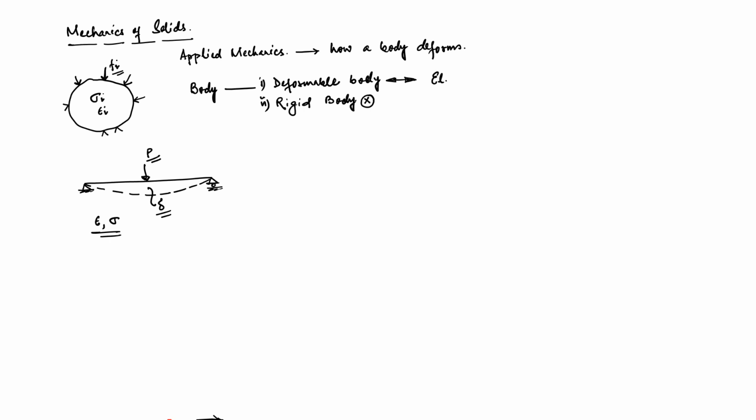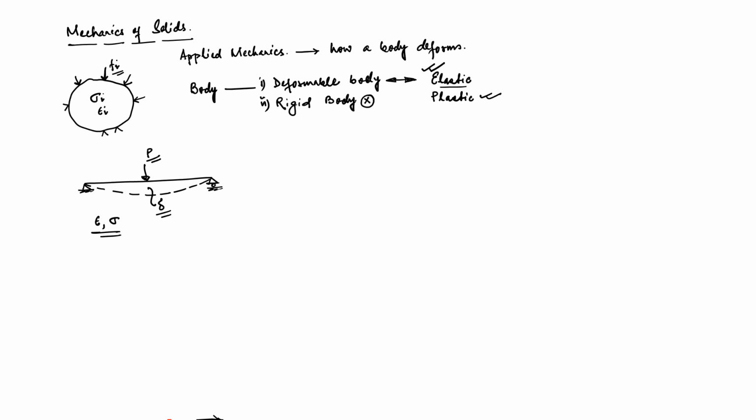One is called elastic and then plastic. In case of elastic, the moment you withdraw the load, the body will come back to its original position. But the moment there is a plastic deformation, it will not come back to its original position, but will take a new shape. And in this course, we are going to study only elastic deformation.